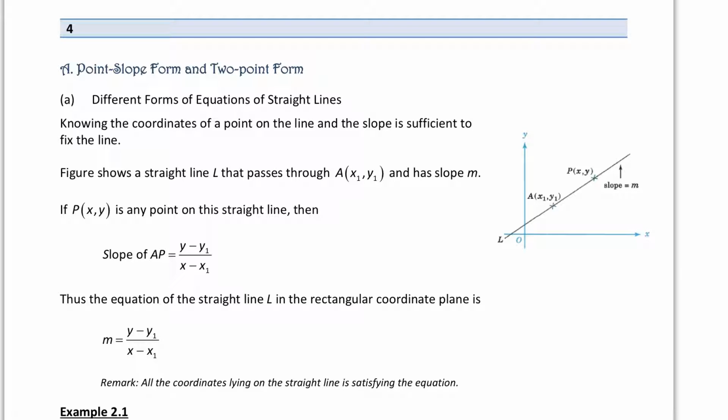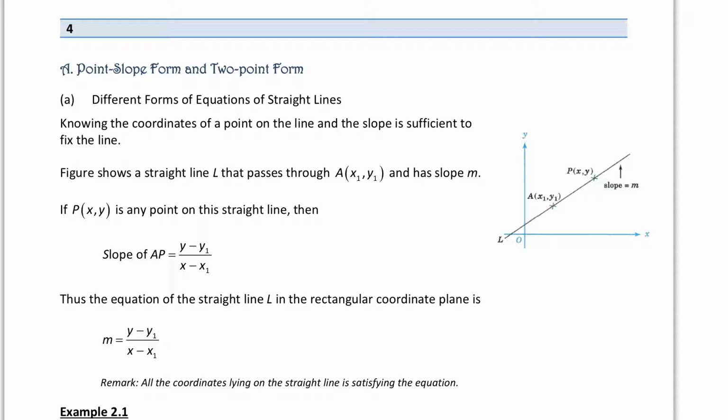But starting from S4, we want to find the equation of a straight line. We want to figure out what information we need so that we can find it. That means I want to find an equation such that all the points on the straight line satisfy that equation. So let's start the introduction.